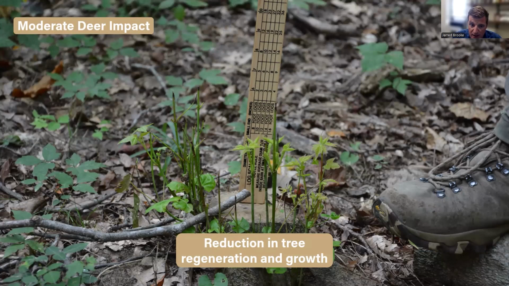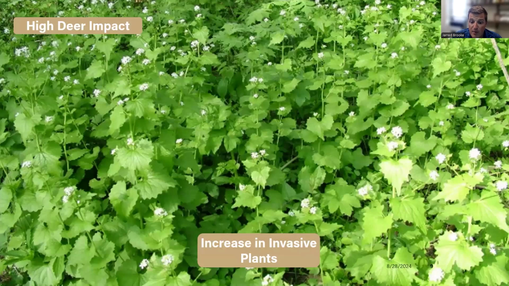So they just kind of keep it perennial and keep it bushy and never let it grow and regenerate into a tree. I already mentioned garlic mustard, but garlic mustard infestations can go hand in hand with high deer impact because deer are preferentially browsing a lot of our native species, which allows species like garlic mustard to invade areas and have less pressure from native plant species.